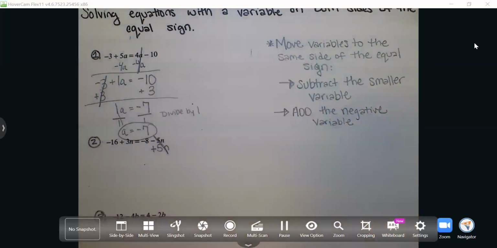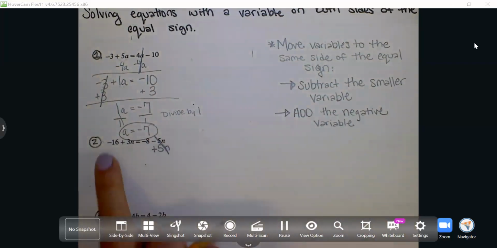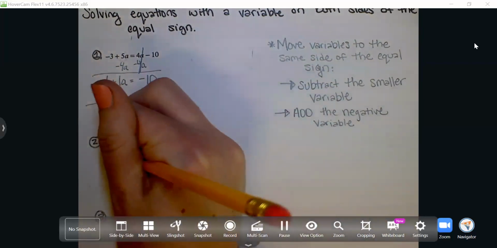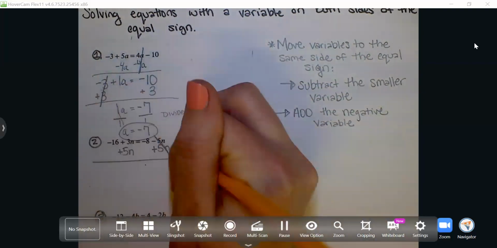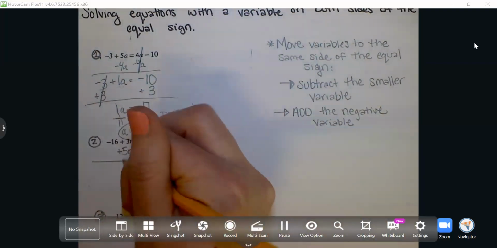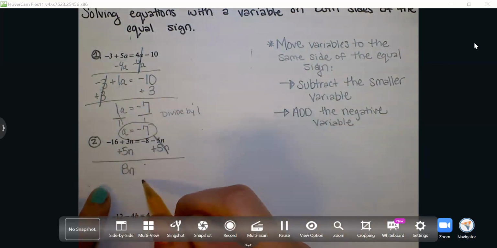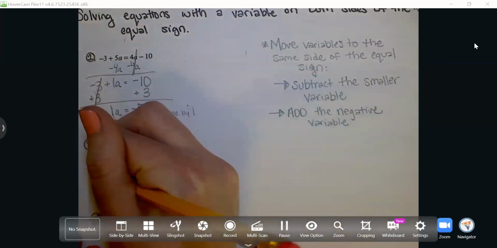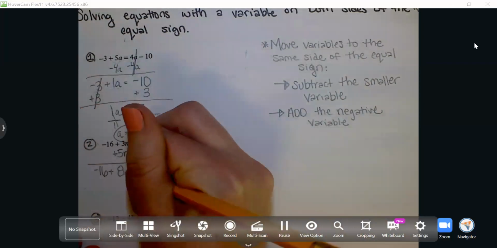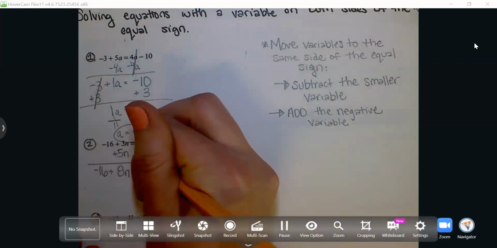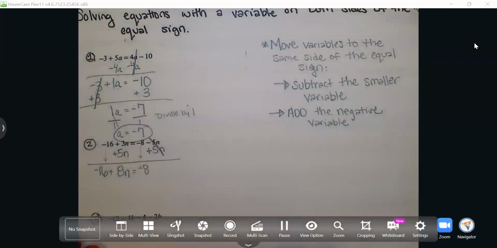That way these n's cancel out, and I move all of my n's to the other side of my equal sign, adding 5n. And so I get 8n here, and everything's going to come straight down. This negative 16 plus 8n equals negative 8. That negative 8 comes straight down, that negative 16 comes straight down.